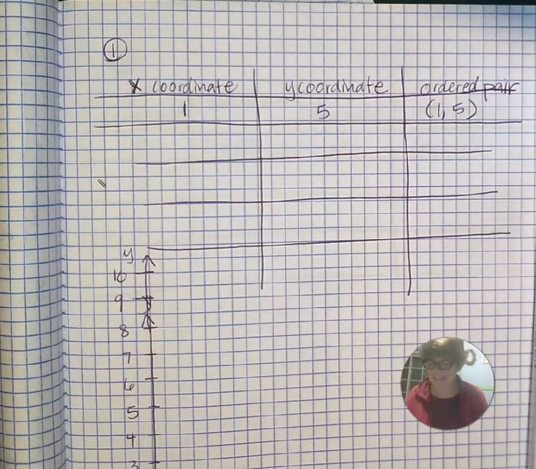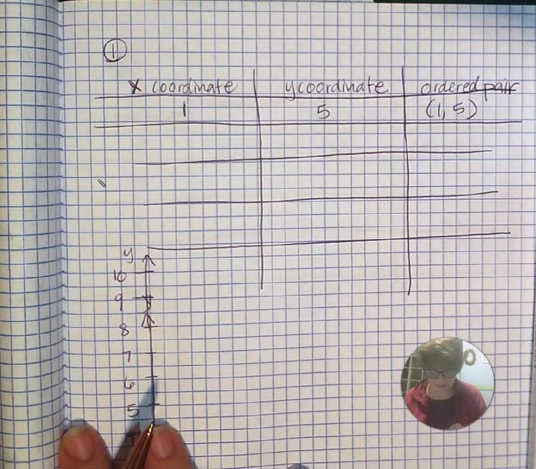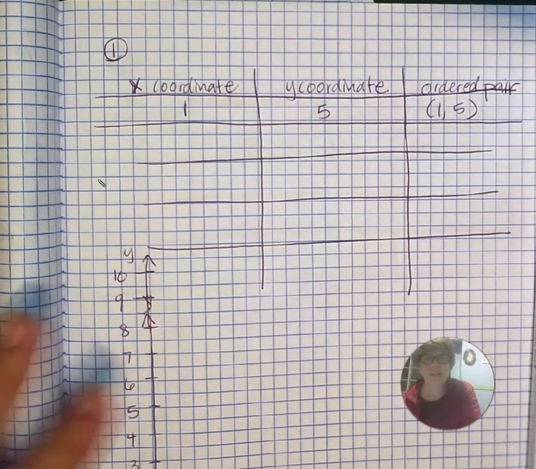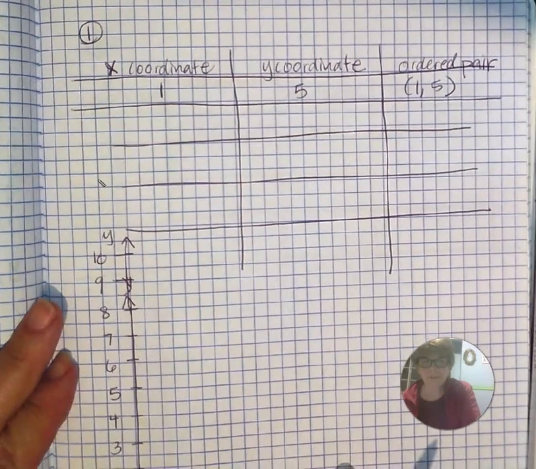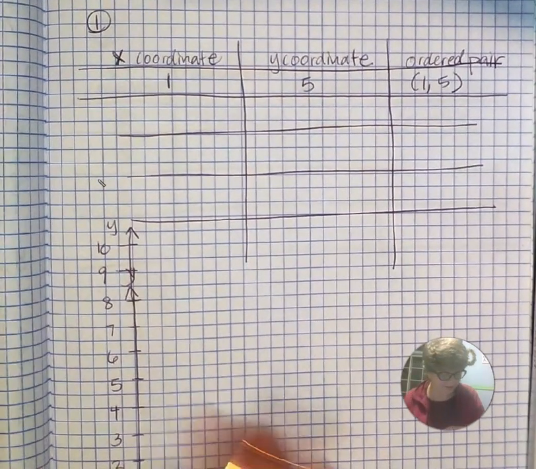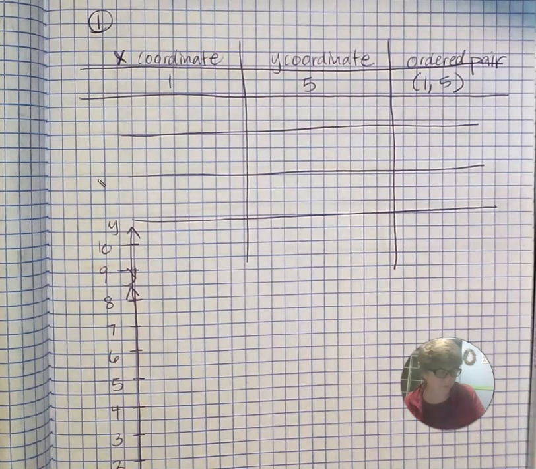So let's look at number 1 in your magnifying glass page. We are going to do number 1 and number 2 together, and then talk about them a little bit. It's going to look roughly like this. The rule for the x-coordinate is to add 1 5/10, and the rule for the y-coordinate is to add 1 5/10.